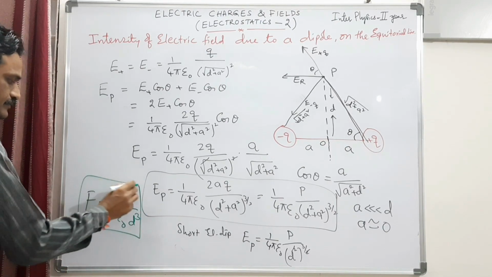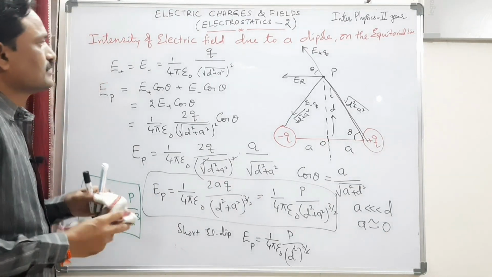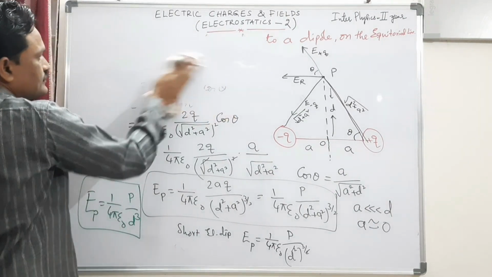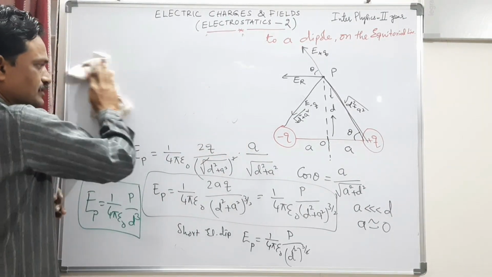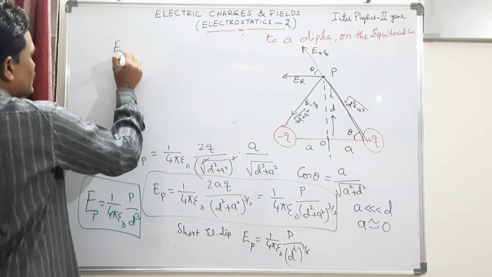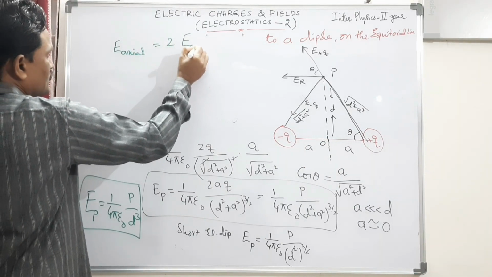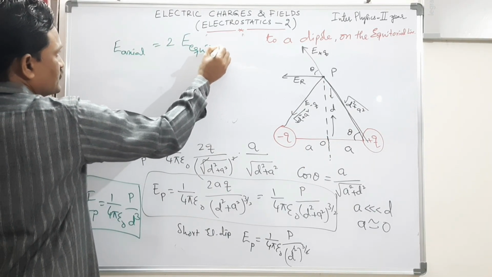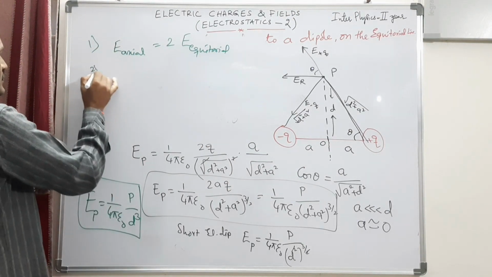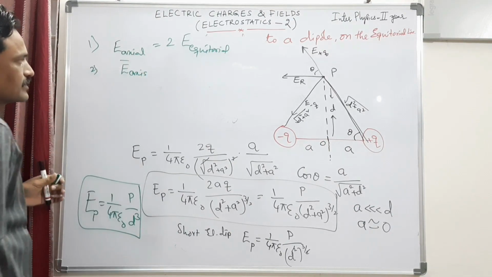This is the formula. Now we can draw some conclusions from these two, that is on the axial line and on the equatorial line. What are those two conclusions? It is clear that E axial is equal to 2 times E equatorial. This is the first conclusion. And the second conclusion is, what is the direction of E on the axis of the dipole?